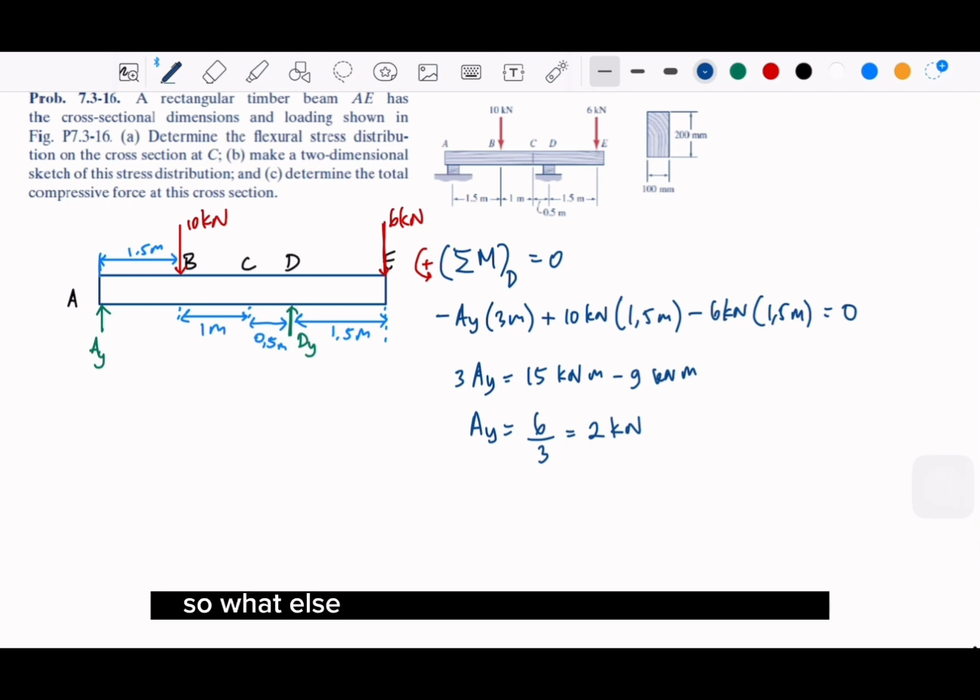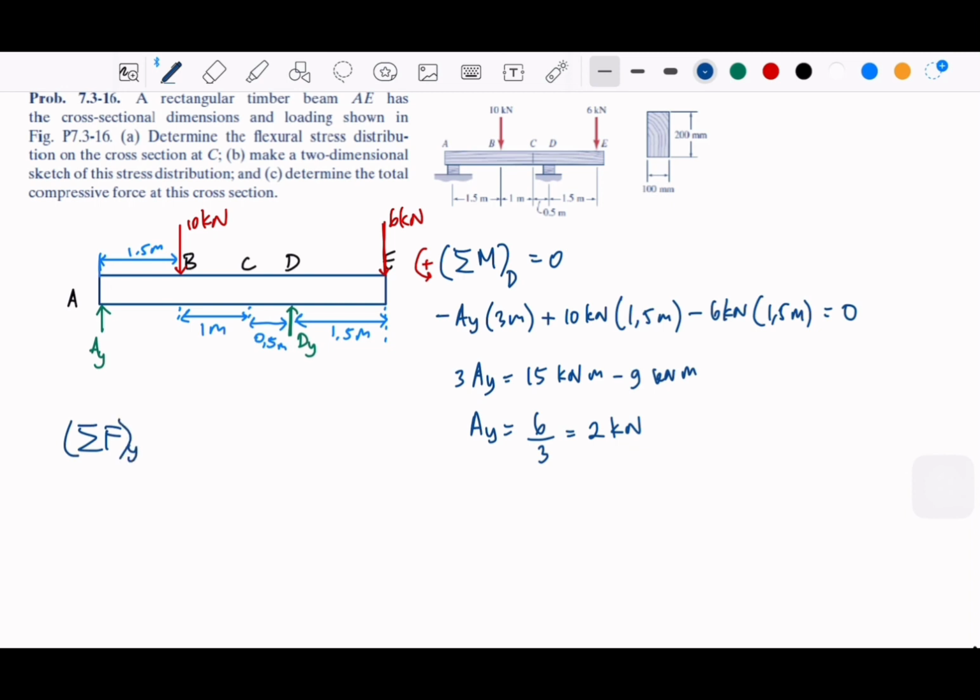So what else do we need? The sigma F. Okay, so sigma Fy: AY plus DY minus 10 kilonewton minus 6 kilonewton equal to 0.